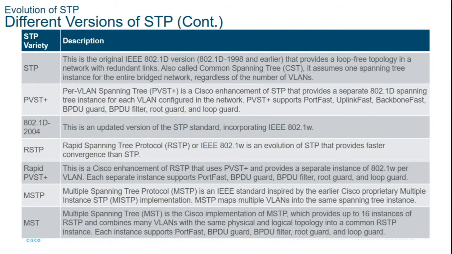And of course, MST or Multiple Spanning Tree is the Cisco implementation of MSTP, which provides up to 16 instances of RSTP and combines many VLANs with the same physical and logical topology in a common RSTP instance. Each instance supports PortFast, BPDU guard, BPDU filter, root guard, and loop guard.